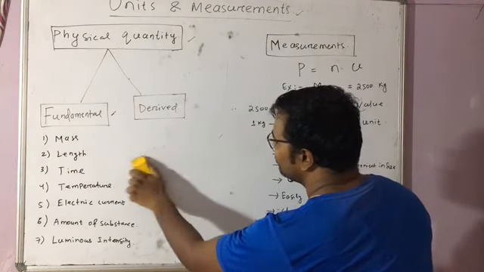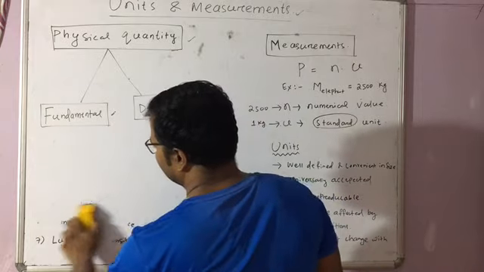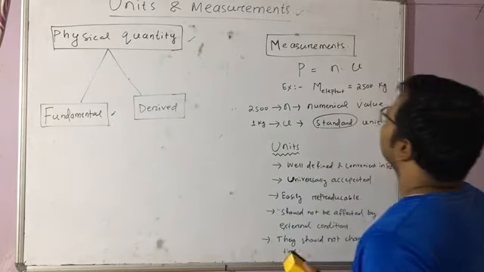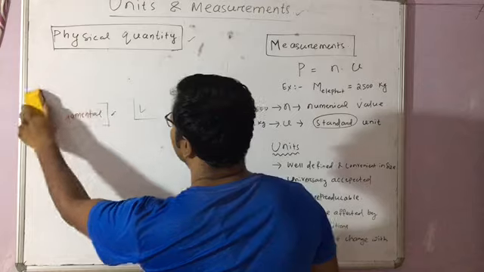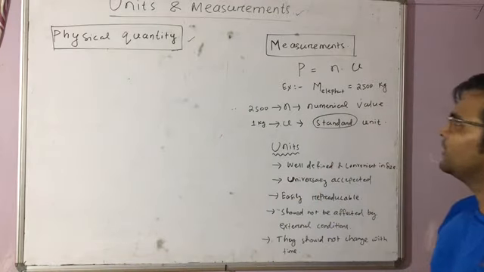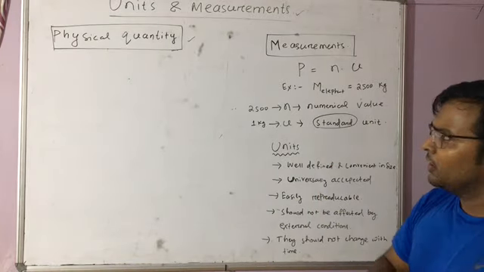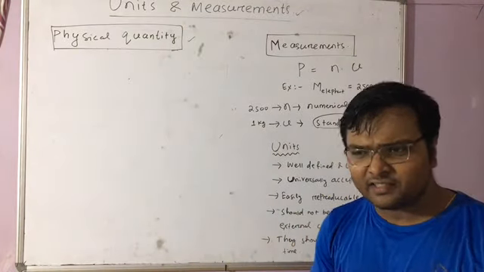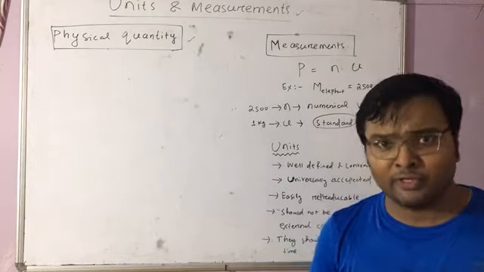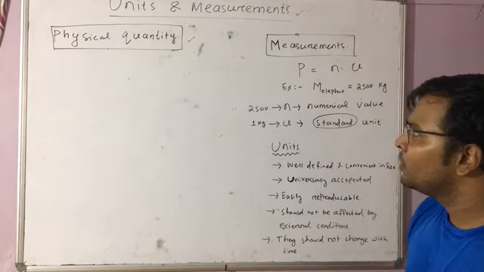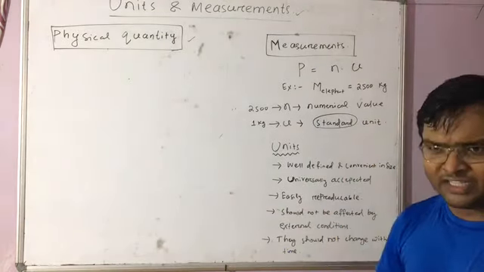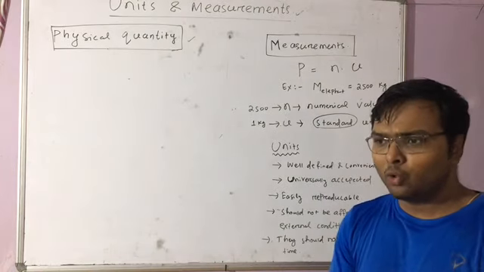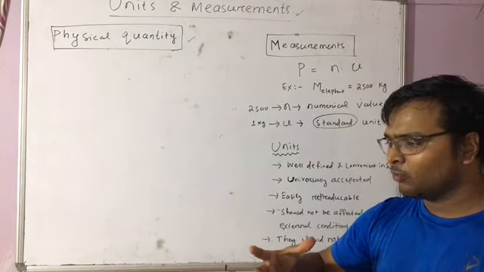Now let us come to measurement. See, it's not like we will know the physical quantities and not use them. We use them. Clear? Any physical quantity can be known in two ways. One, what is that quantity?